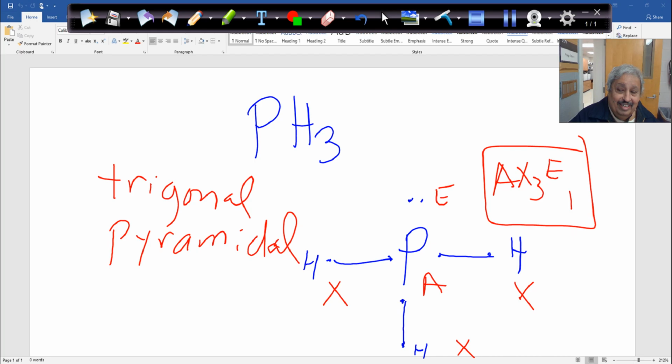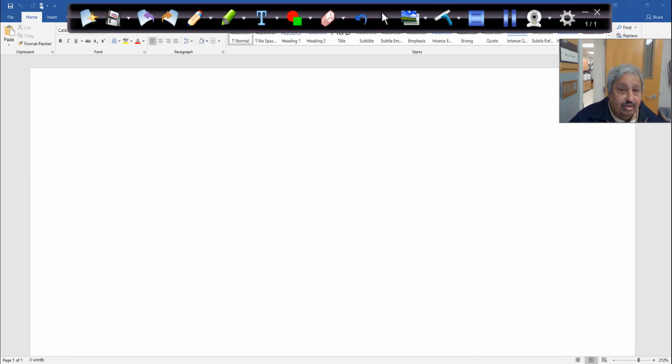If I have one lone pair, three terminals and a central atom, AX3E1, that will be trigonal pyramidal. That's in the chart. Just look at the chart. So now, how about another one? Let's take another one.